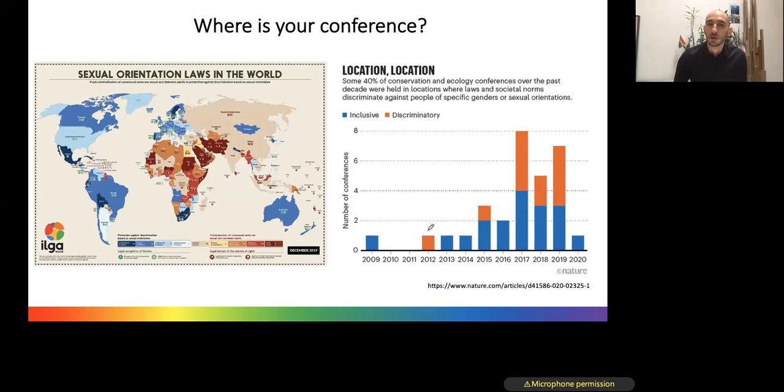And honestly, I would never go to a conference in a country where I don't feel safe. No matter how important this conference would be for my career, for my network, or maybe even the most important conference in my field, I will miss it because I would rather stay at home and be safe than go to a country where I will not be feeling safe.